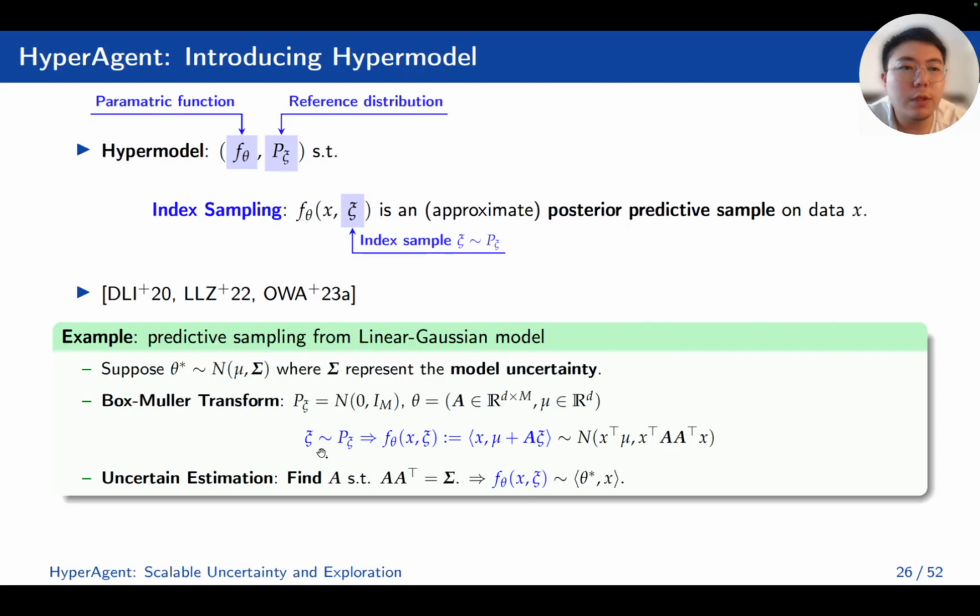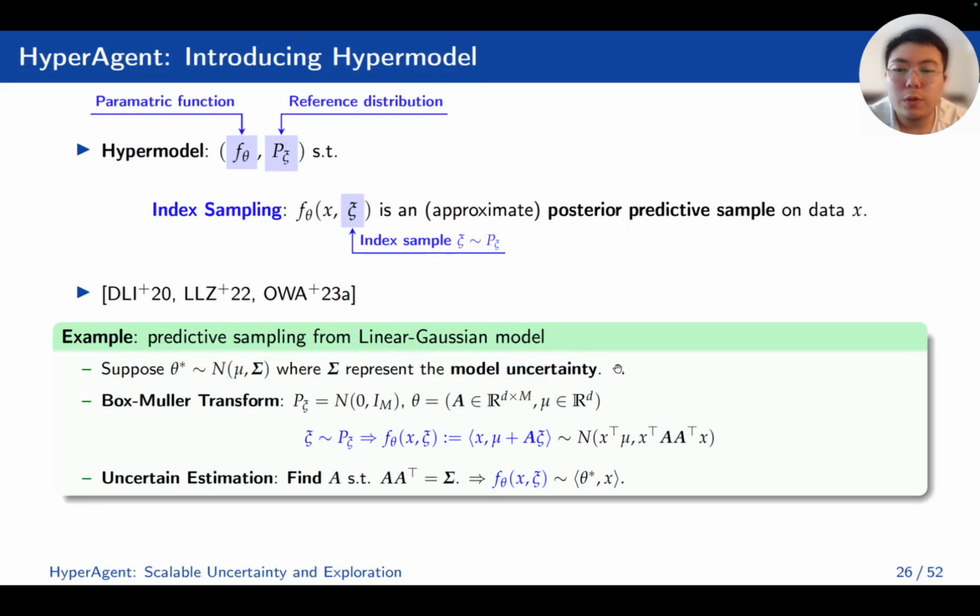If the algorithm can find the factor A such that A A transpose equals the posterior covariance sigma that measures the uncertainty about the model, then we can say that this linear hypermodel actually gives the predicted posterior sample according to this x. And also the randomness comes from the index.